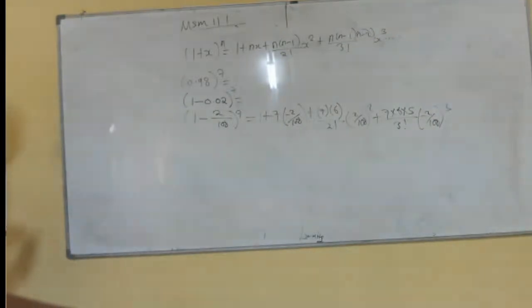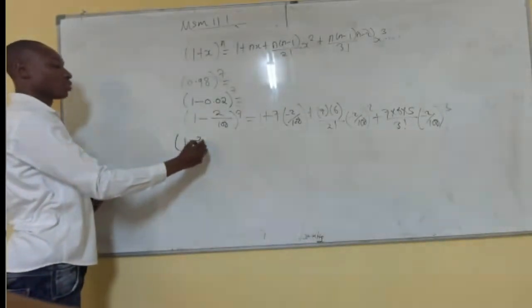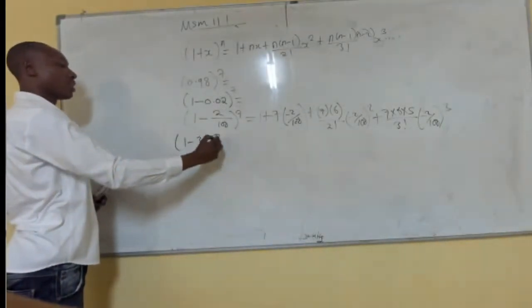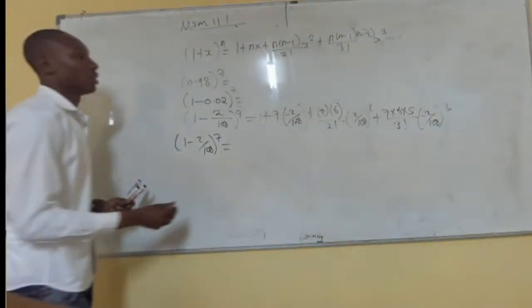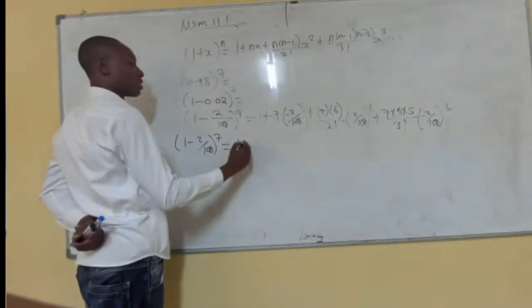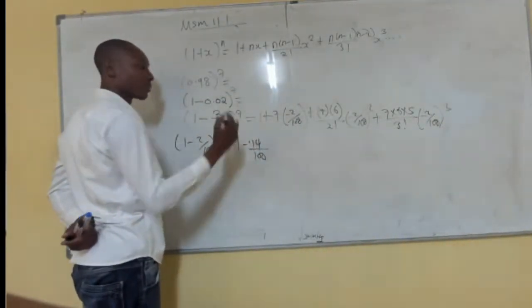That is best done when you decide to go the fraction way. So I'm going to write 1 minus 2 over 100 here, power 7, is equal to 1, this is minus 14 over 100.